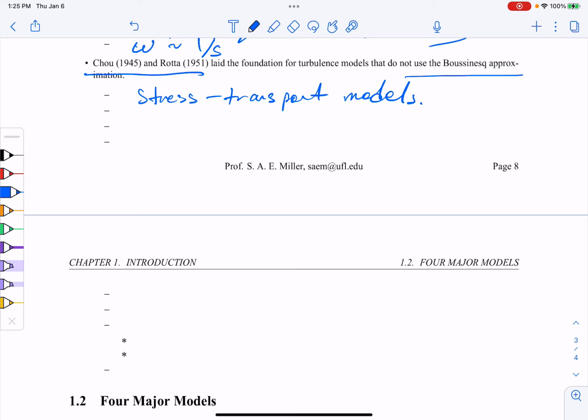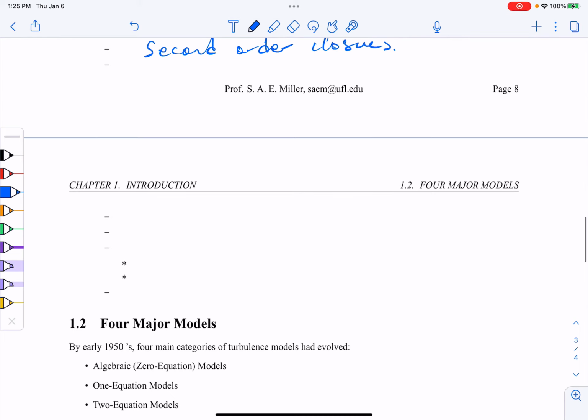And they also involve what we call second order closures, which means that we're trying to close even more equations. And typically, unlike a two-equation model, they have 3 or more equations.